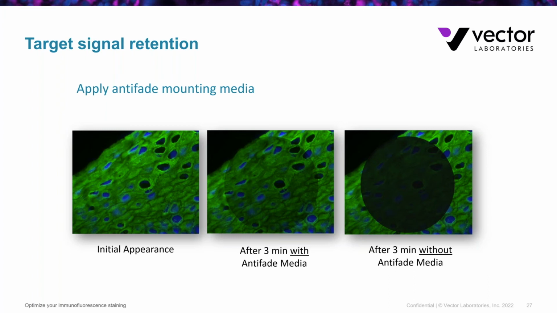There is a slight reduction when you do apply the media, but not so significant that you can't generate a good image. But if you don't apply a media, certainly the signal will literally fade before your eyes and won't allow you to then image that material.